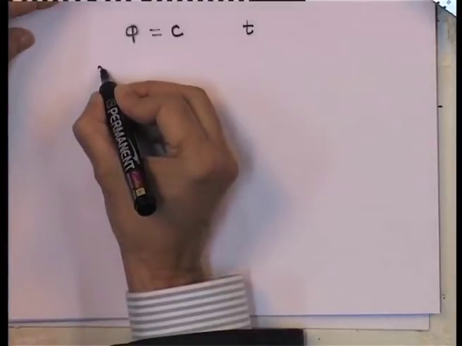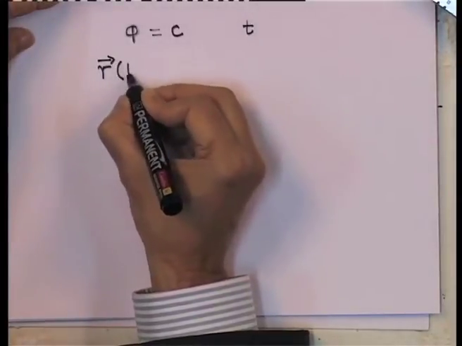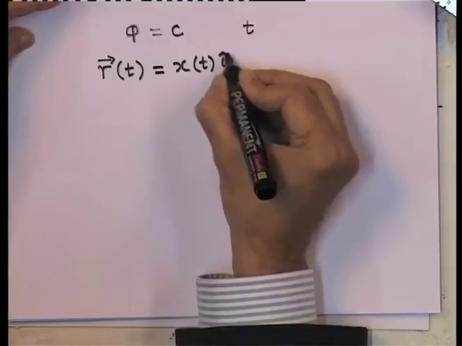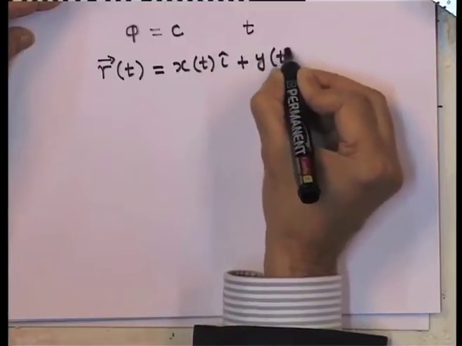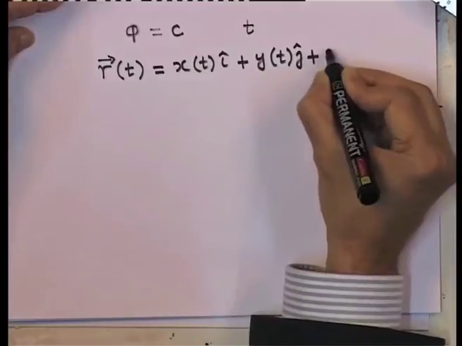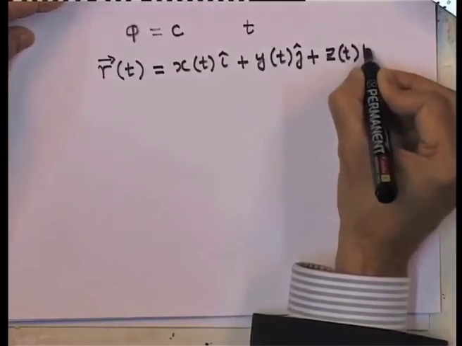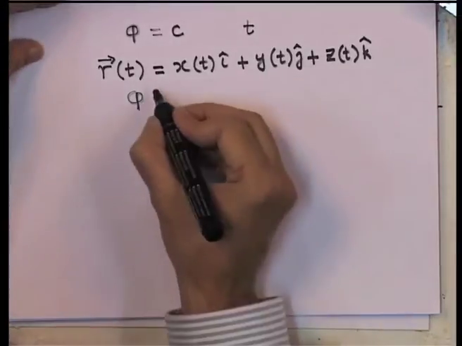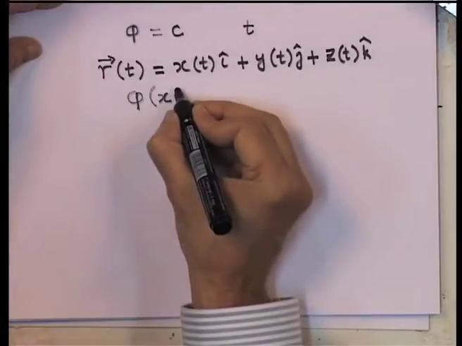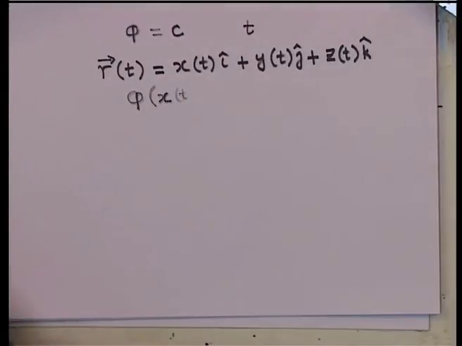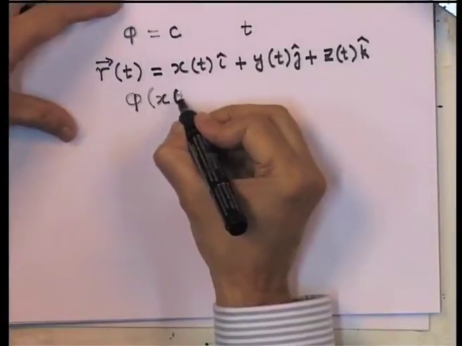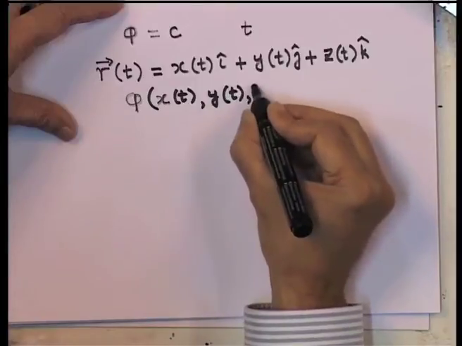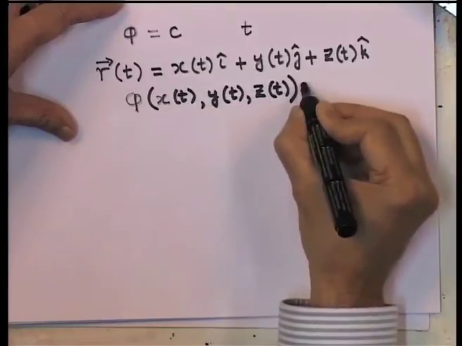So, therefore, on the curve I write down r of t equal to x(t) i plus y(t) j plus z(t) k, and my function phi, which is a function of x, y and z, can then be written as phi of x(t), y(t), z(t) equal to the constant c.